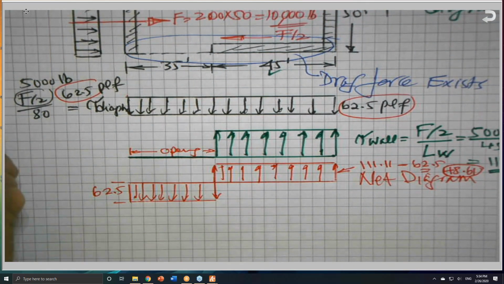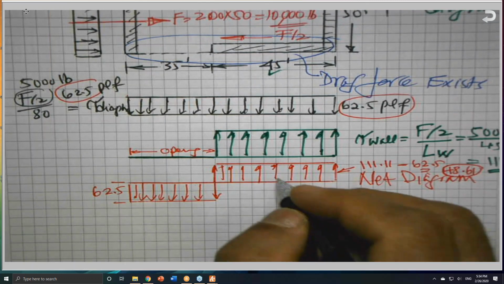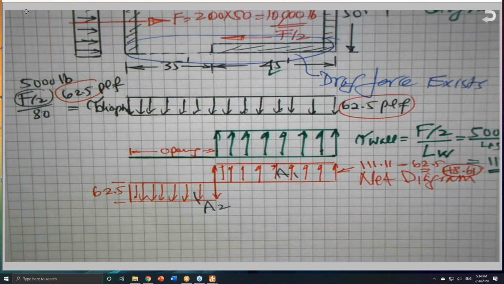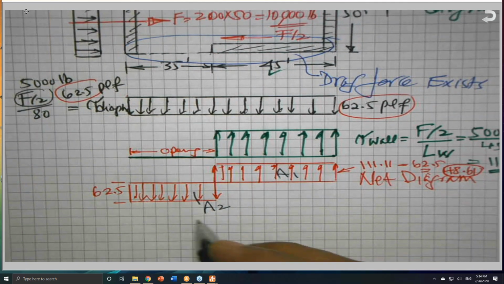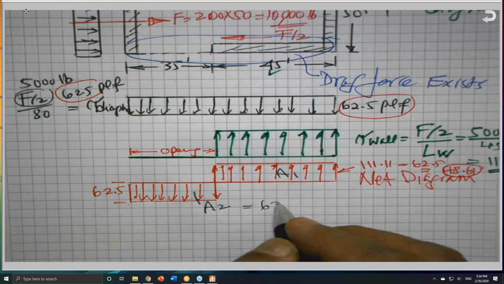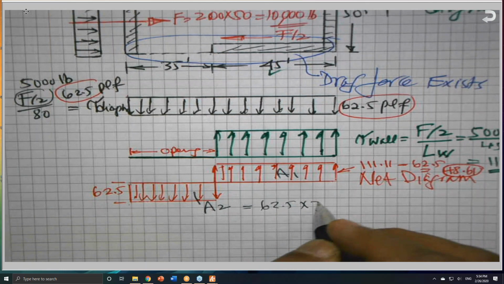And as I told you, the way we check our work is to calculate the area. If you call this A1 and this A2, what is the area? Area is the height times distance, which is 62.5 times 35 feet.